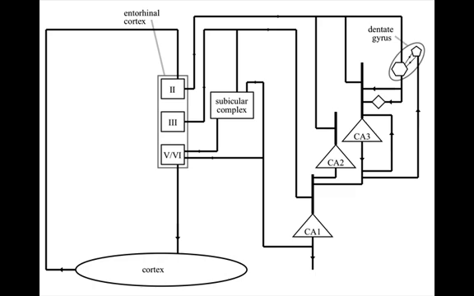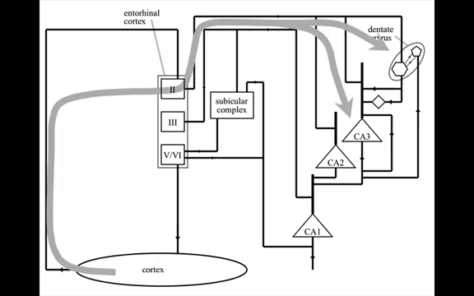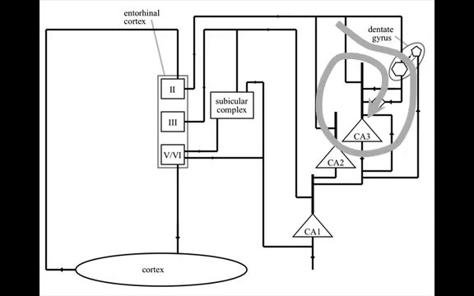To understand the mechanisms involved, let's go back once again to the circuitry of the hippocampal system. Outputs from almost all cortical areas are collected in the entorhinal cortex, then pass from layer 2 of the entorhinal cortex into the dentate gyrus and CA3.